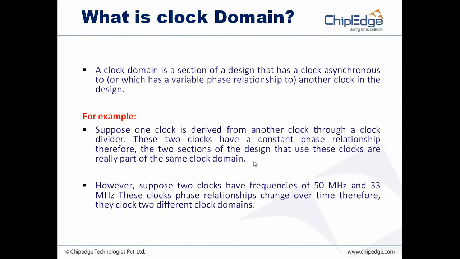So exactly, the phase should be fixed. However, suppose two clocks have frequencies of 50 megahertz and 33 megahertz. These clocks' phase relationships change over time. Therefore, they are two different clock domains. So this 33 megahertz and 50 megahertz are not fixed, right?